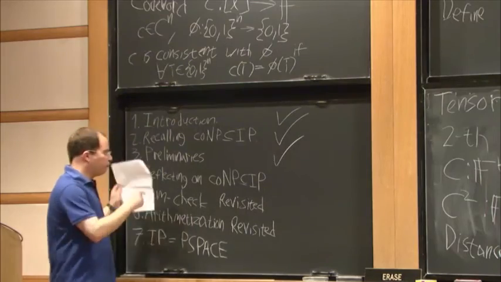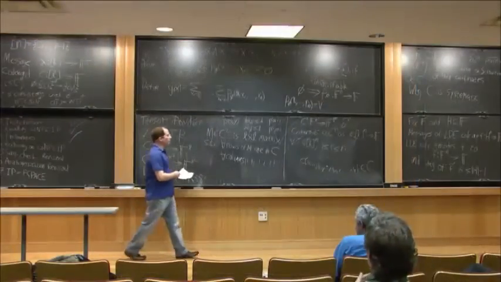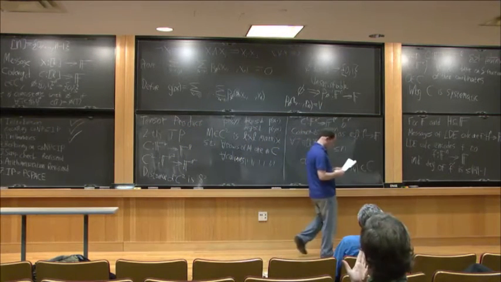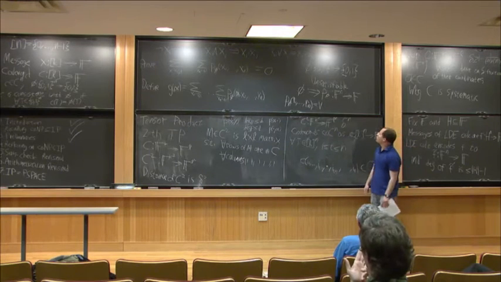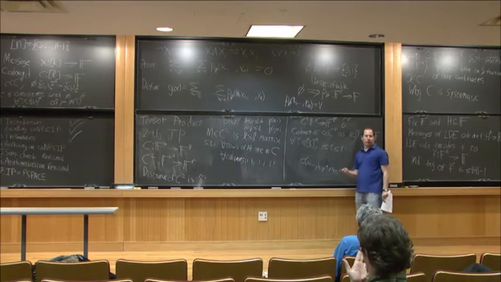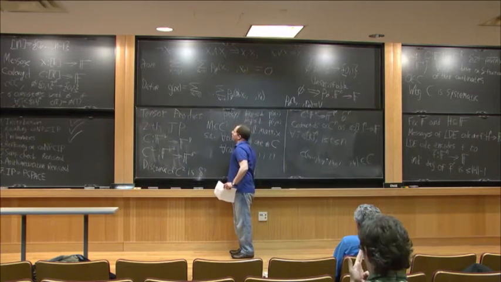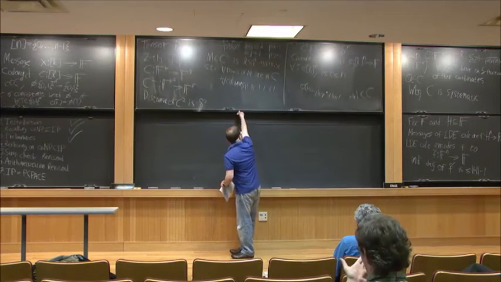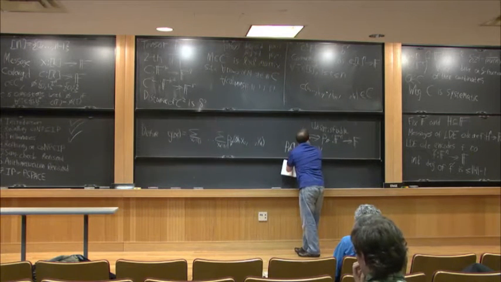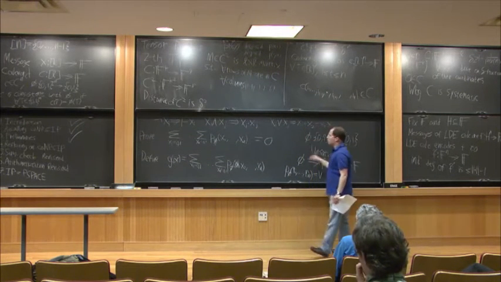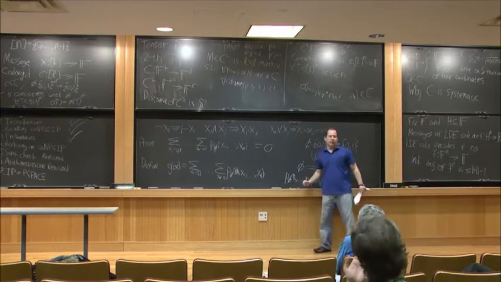So now for a more philosophical part, reflecting on QNP containing IP. Let's look again at the proof of QNP containing IP. What we want to do there is to prove that some formula phi is unsatisfiable. Now, what is the difficulty here?